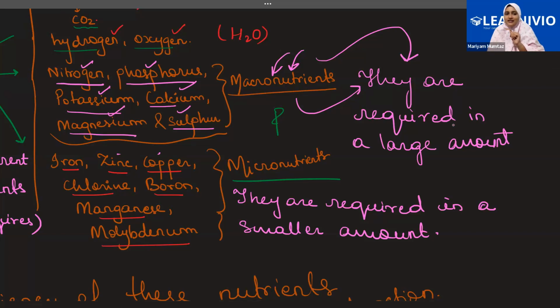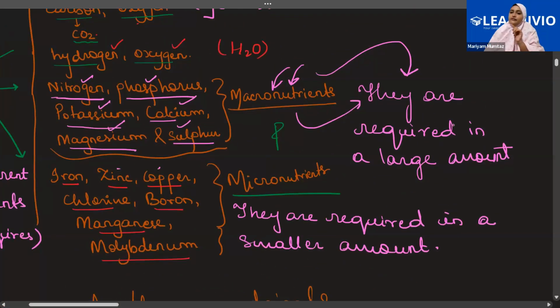Nitrogen is N. Phosphorus is P. Potassium is K. Calcium is Ca. Magnesium is Mg. Sulfur is S. So these are the examples of macronutrients.